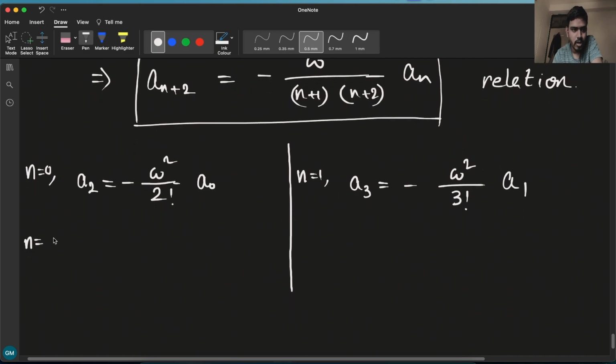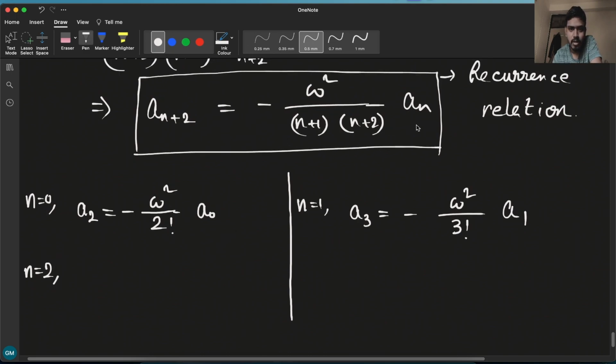Okay, let's put n equals 2. In that case, we will get a4 equals minus omega square, with n equals 2 meaning it will be 4 and this will be 3, so 4 times 3.